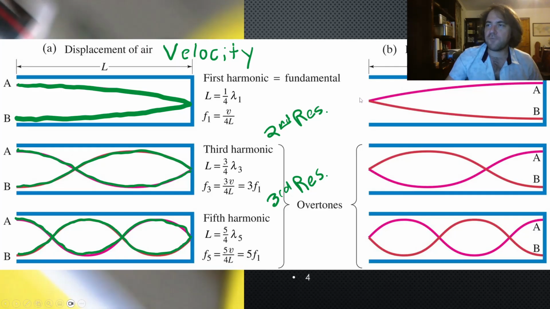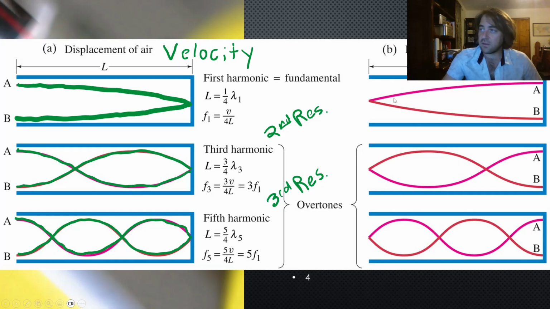The reason it's 4 times the length is because you go from this node to this max, and if you're looking at a full wavelength, we can go up, down, and here. So that's one wave. We've got a node and then a max right here, and that's just a quarter of that wave.